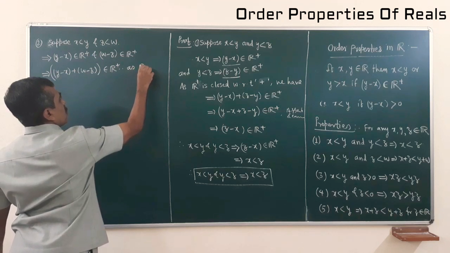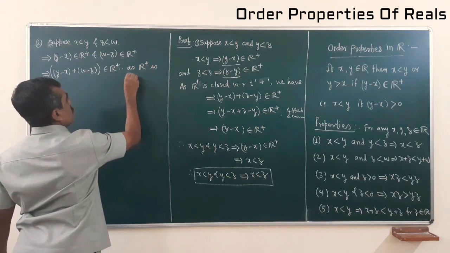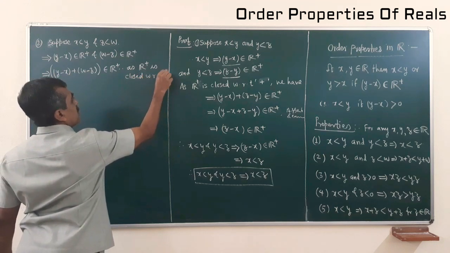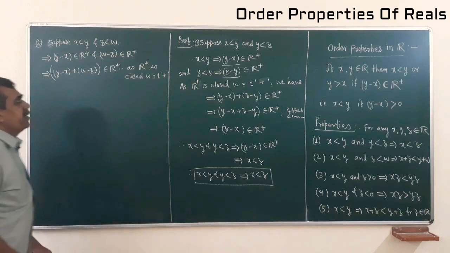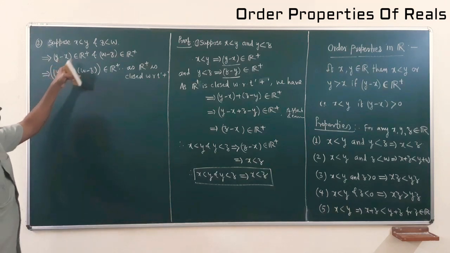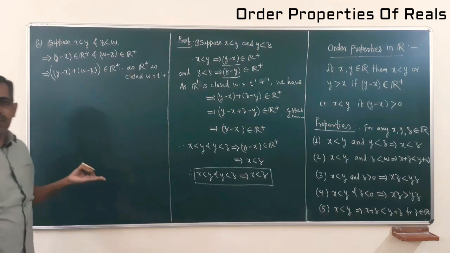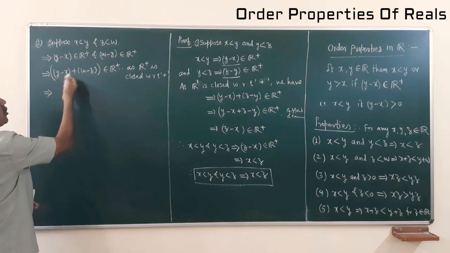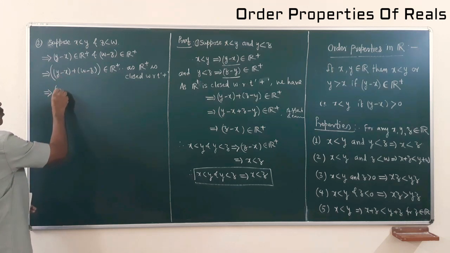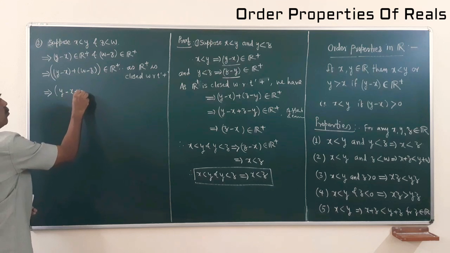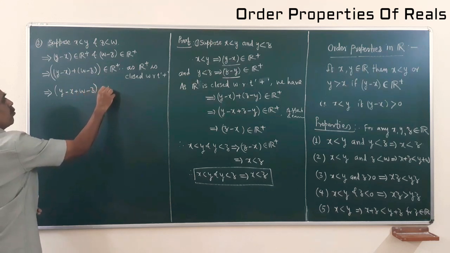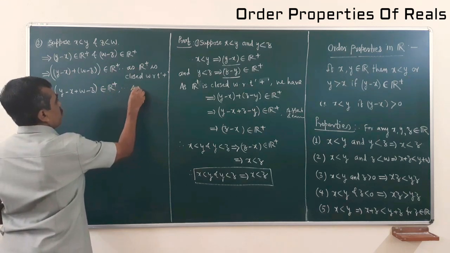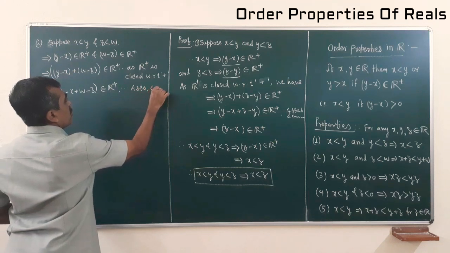As R plus is closed with respect to addition, if A belongs to R plus, B belongs to R plus, then A plus B belongs to R plus. This implies, just use the associative and commutative properties. So what you will find is y minus x plus w minus z belongs to R plus.